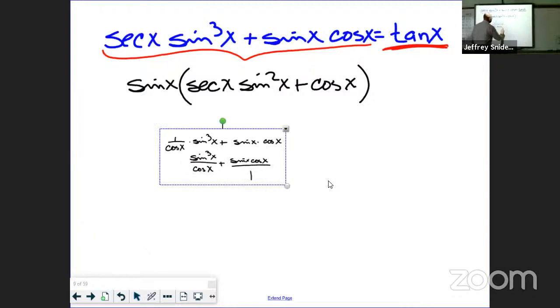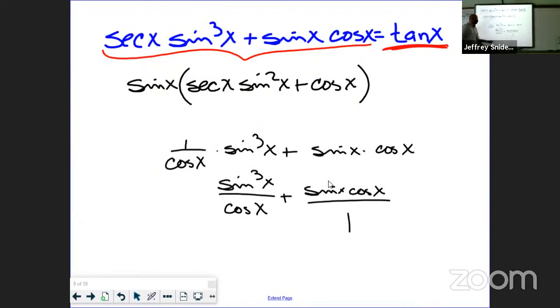I'm sorry, hold on. How would I get these the same? I'd have to multiply this one by cosine x over cosine x. I could do that. There's nothing wrong with that. I can rename a fraction. How do you rename fractions? Multiply it by a form of 1, any one you want.